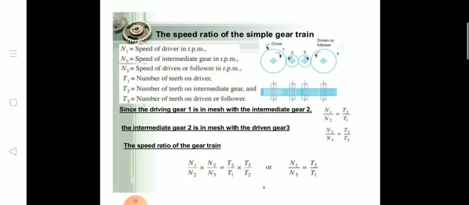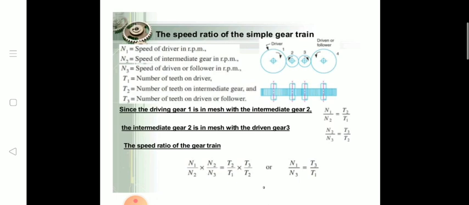Now, here a simple gear train is provided with four gears, where n1 is the speed of the driver gear, n2 is the speed of the intermediate gear in rpm, and n3 is the speed of the driven or follower in rpm, right?